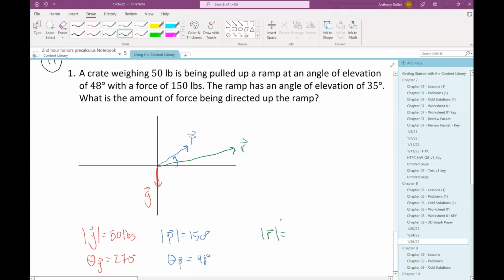Our magnitude for R should be, are we told how long the ramp is? No, so that's just a variable. We're going to assume it's 1. Make it a unit vector, which makes it easier to deal with. And the direction for that ramp then will be 35 degrees.